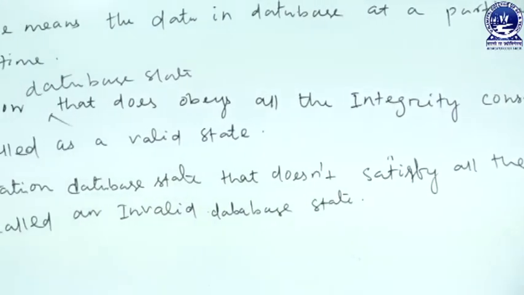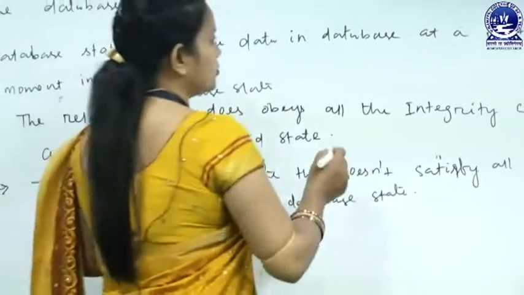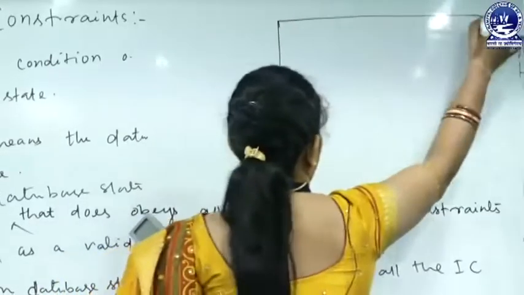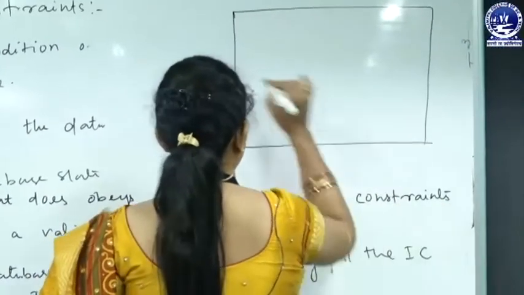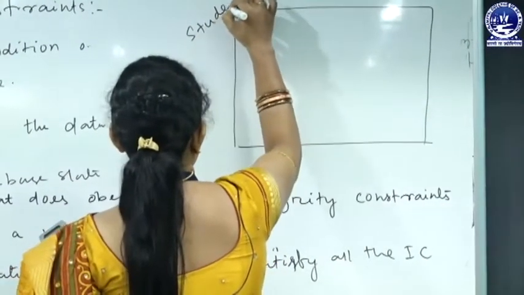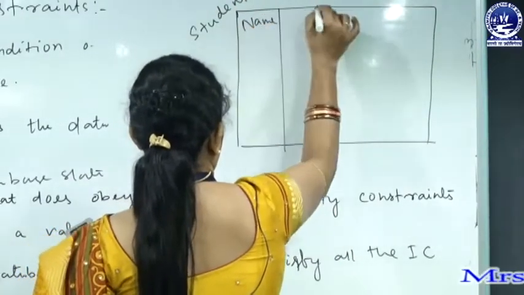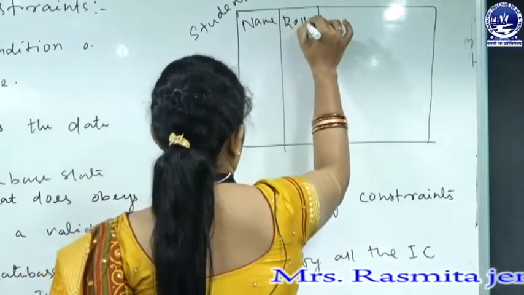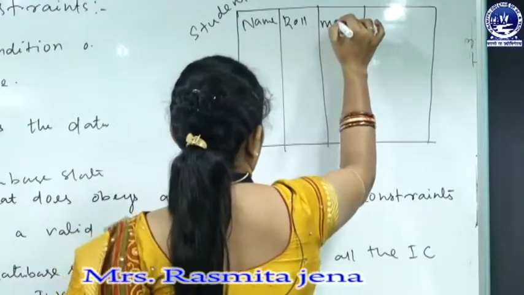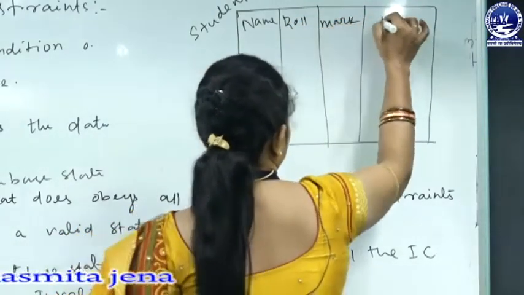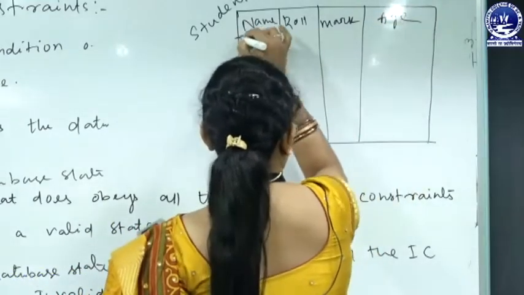So, let me explain it with one example. Suppose there is a relation, let us define one student relation having attributes student name, student roll, student mark, and age.